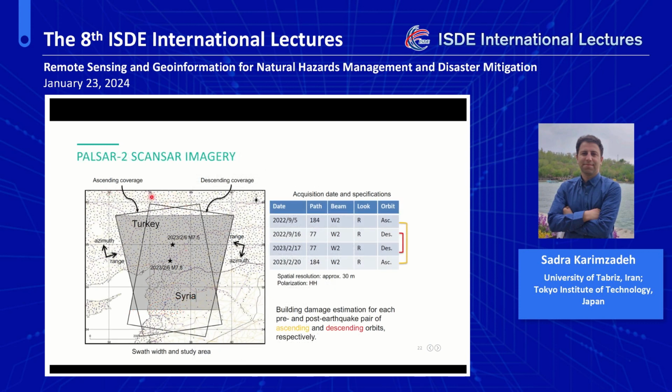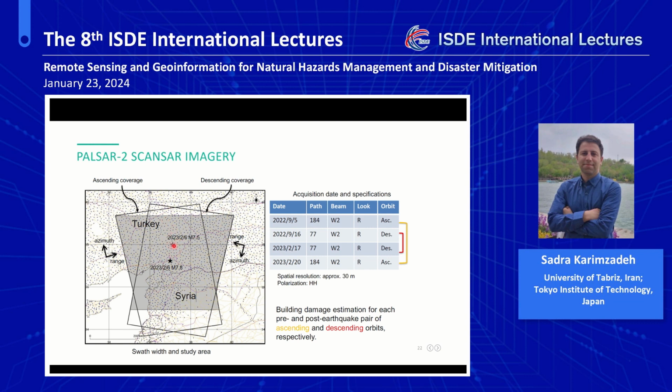And here you can see the used dataset, PALSAR-2 ScanSAR imagery. We have a very large footprint in the ScanSAR mode of PALSAR-2 images, and you see that almost all of the affected areas in southern Turkey and also northern parts of Syria are covered well with ascending and descending footprints.